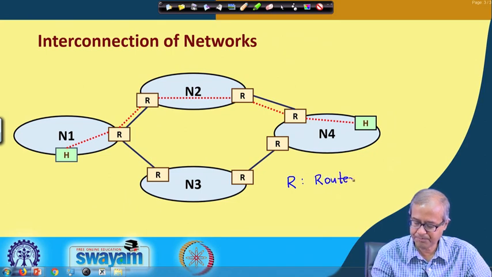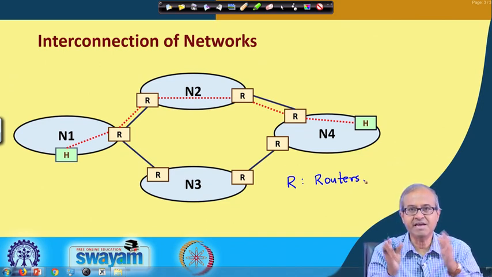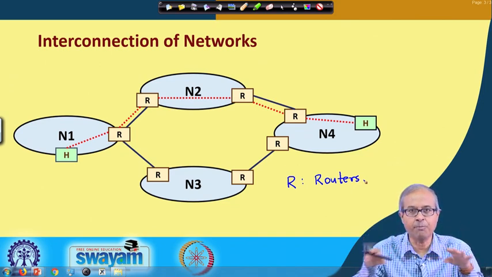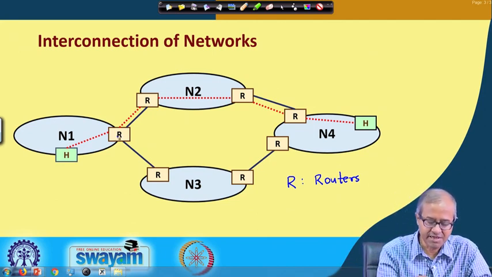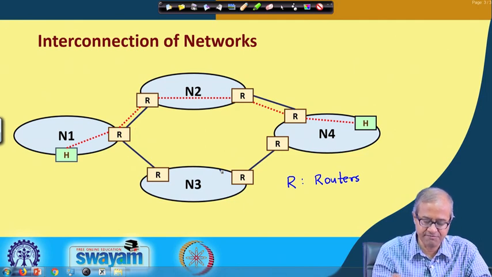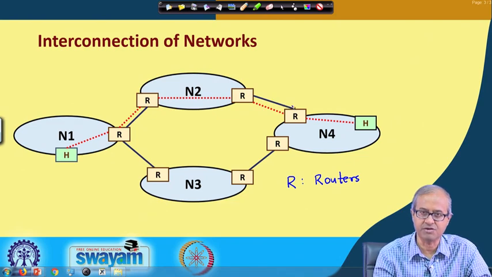Routers are essentially networking devices which operate at the IP layer level. Okay. So, whatever we are talking about regarding IP fragmentation will be taken care of inside that router. Okay. So, you see there are routers at the boundary of the different networks, and the different networks are typically connected through these routers.